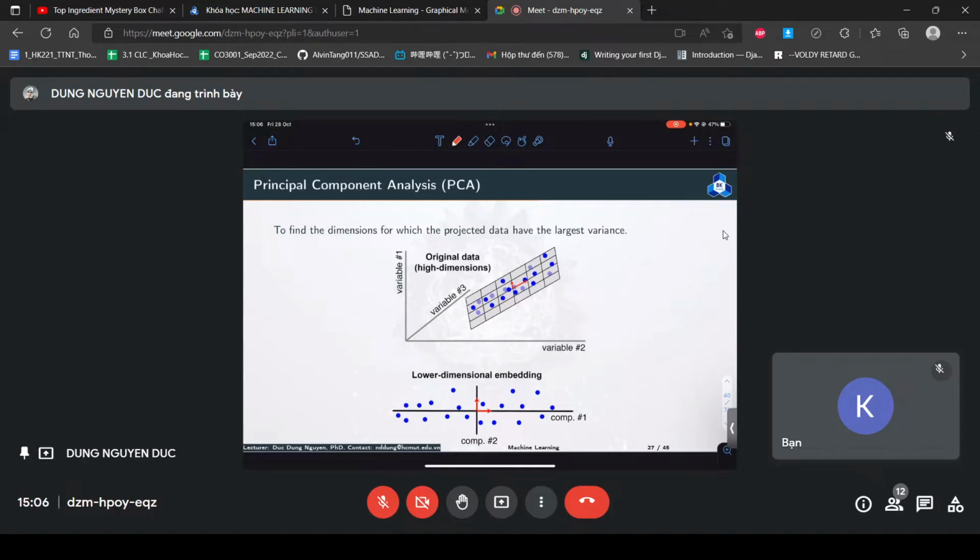So here, there's something different. Before, when we talked about LDA, we were talking about a projection that helps us to classify. Now, these projection techniques help us not to classify, but to preserve the representation of the data, the distribution of data. In other words, you want to compress the information from a high dimensional space onto a lower dimensional space.